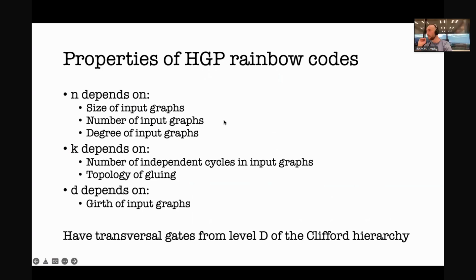And actually, the scaling with the size of the input graphs is not too bad. The number of input graphs and the degree of input graphs, the scaling is absolutely insane. It's something like factorial to the power of something. It's much more than exponential. So you don't really want to be making D very big. In the catastrophic sense, it's just not local. It's really completely all to all.